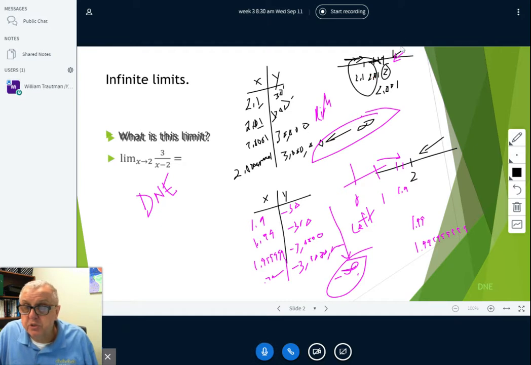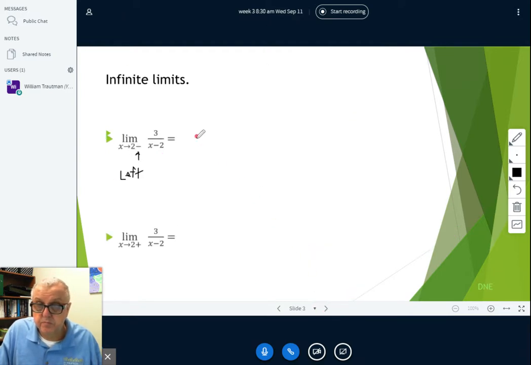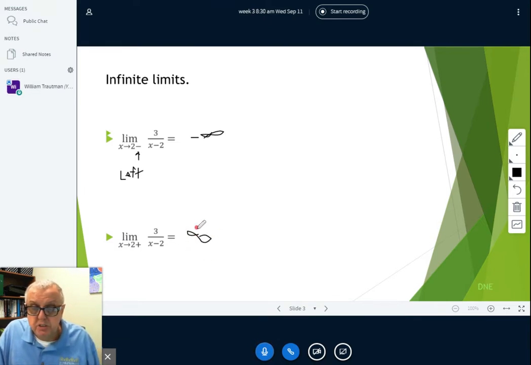If we approach 2 from the left, which is down here, we end up with negative infinity. If we approach 2 from the right, 2.1, 2.01, 2.001, 2.0001, we get positive infinity.